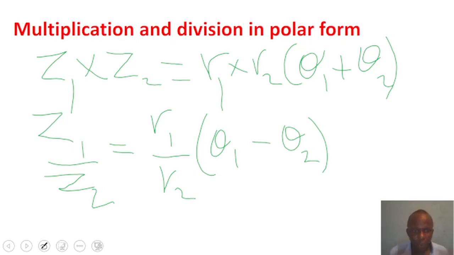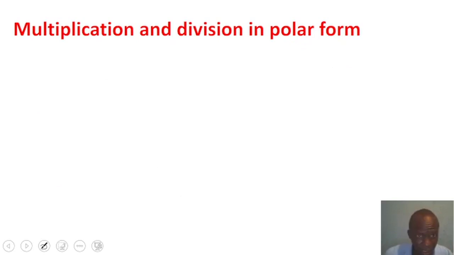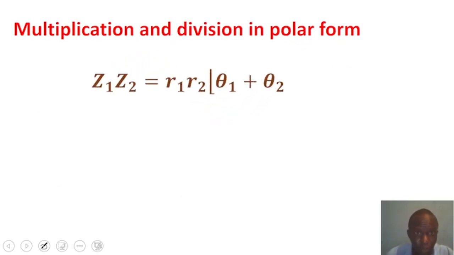Now, I want you to think about the laws of logarithms, and that can help you understand this relationship. I'm not just saying that this is the same as logarithms. I just want you to think about it a little bit. So z1 z2 is equal to r1 r2, then theta 1 plus theta 2.